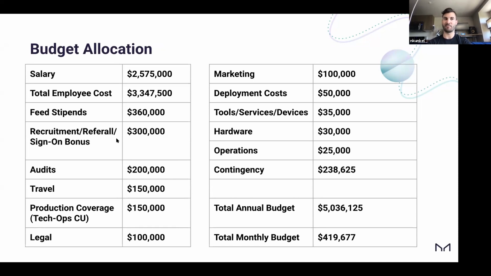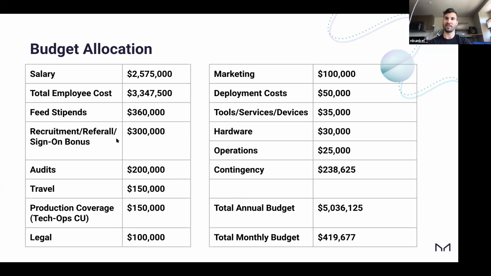Being able to pay out significant signing bonuses to people who are on the edge about joining us versus joining a different protocol. We want to have that flexibility, and we think 300,000 is something that will get us a long way to building the exact kind of team that we want to build.